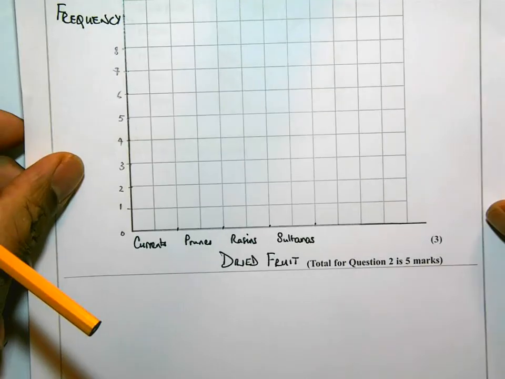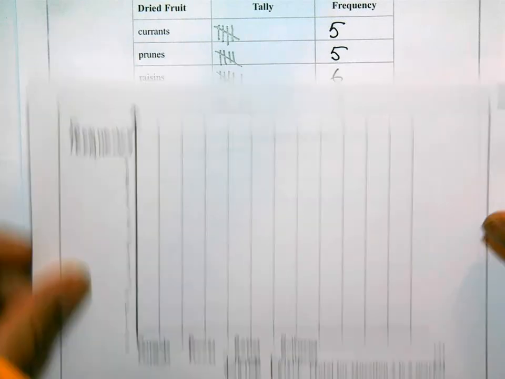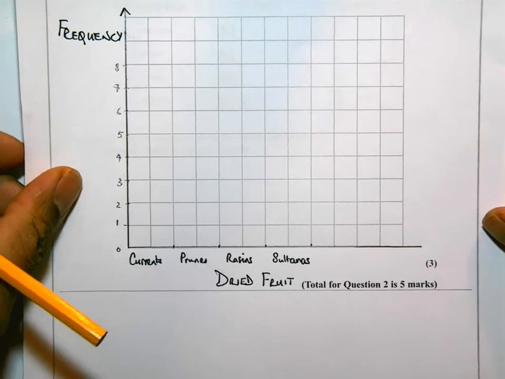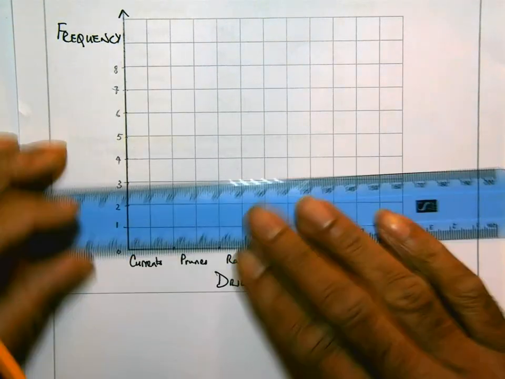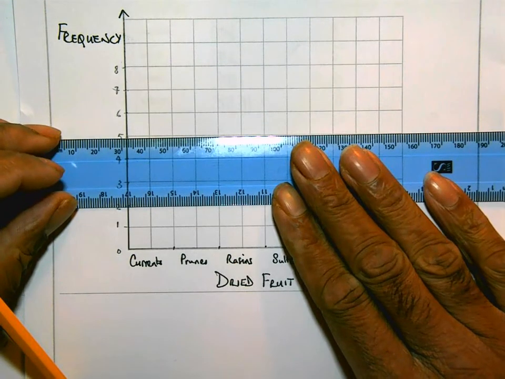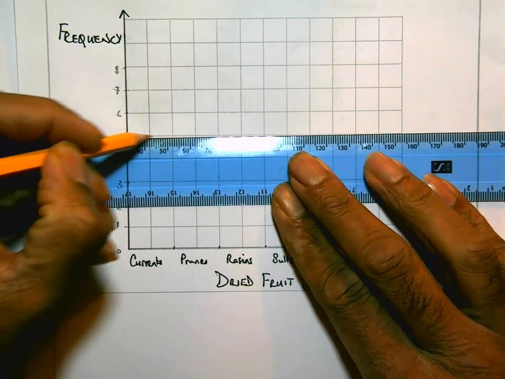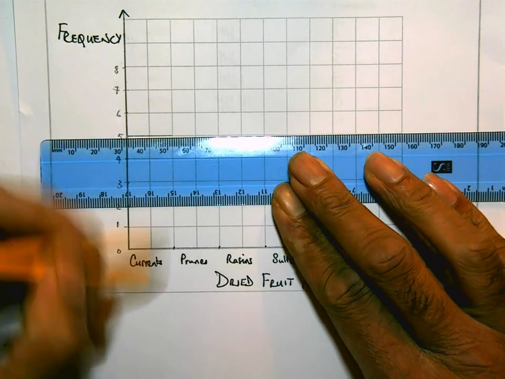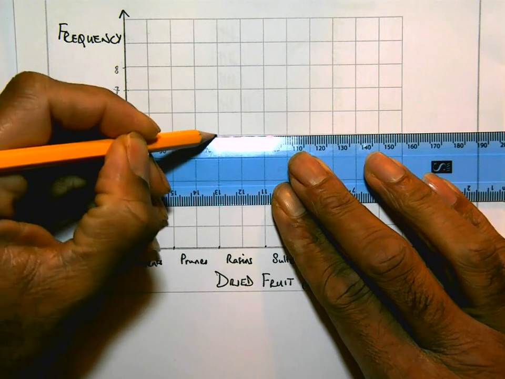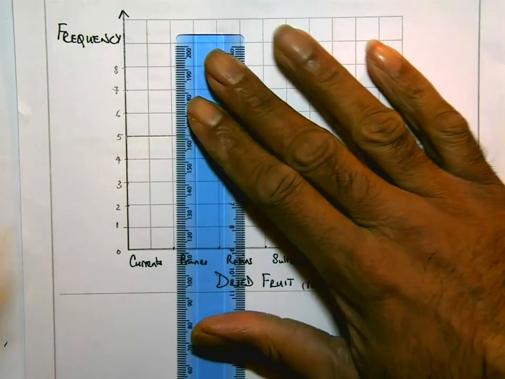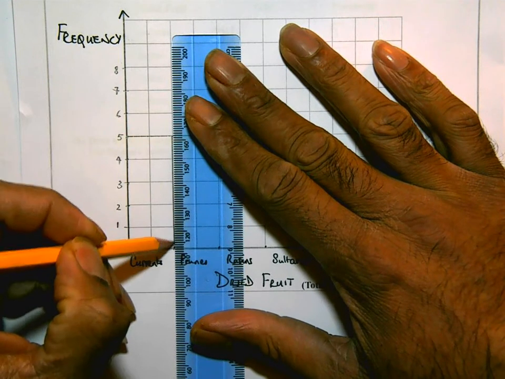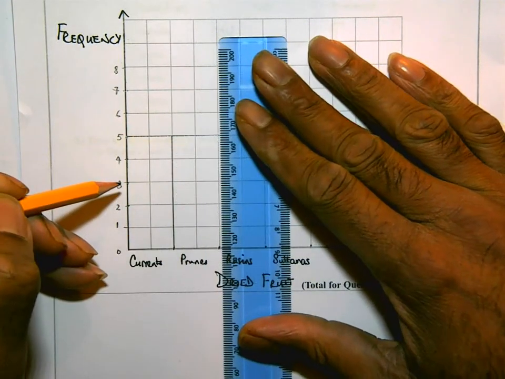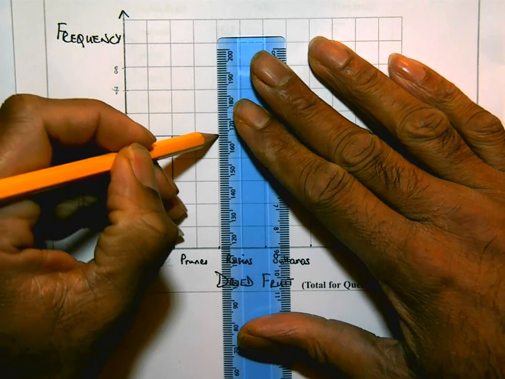I'm going to try to be clever with this. There are 5 currants and 5 prunes, so I'm going to draw those 2 blocks at the same time. 5 there for currants, the first one, and 5 there for prunes, and I'm going to show both the bars. So that's the bar for currants, and that there is the bar for prunes. Okay, so they're both of those.